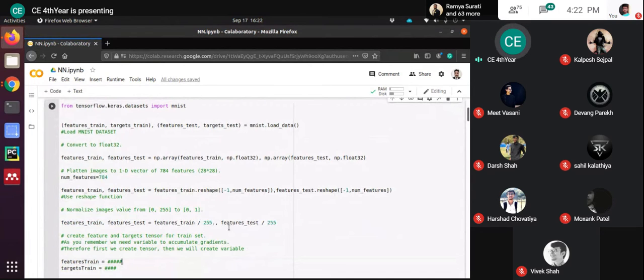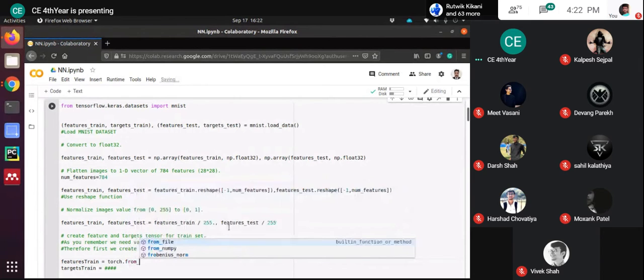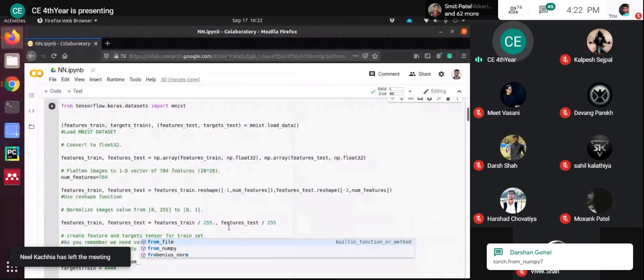So can you recall which function we can use? Yes, correct. From NumPy.